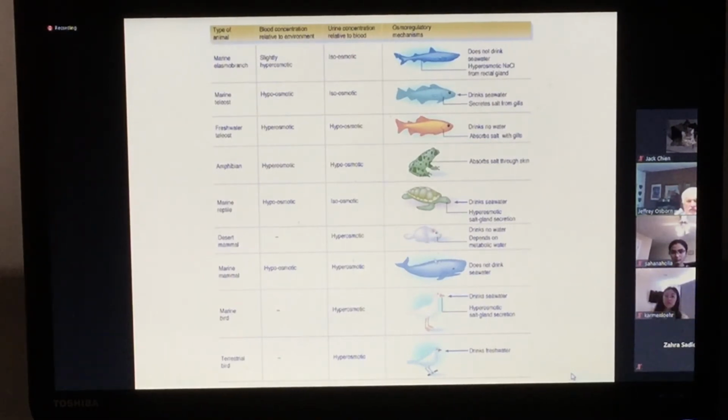How do they regulate their internal milieu when they don't drink seawater? They do not want to drink seawater. But somehow they have to maintain a urine concentration relative to blood that's either isoosmotic, hyperosmotic, or hypoosmotic.